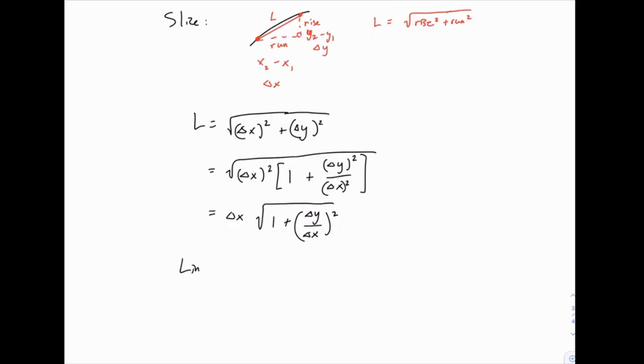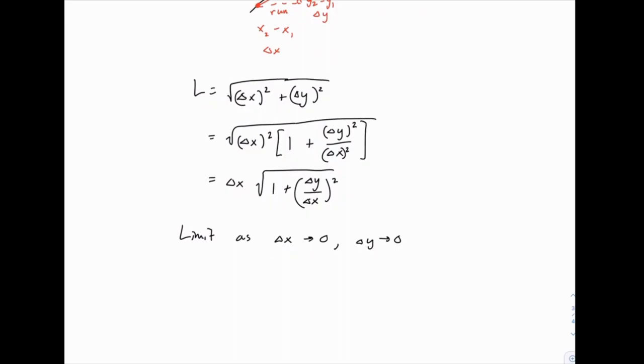So we take the limit as delta x and delta y go to 0. That's what happens as we make this line segment infinitesimally shorter. So this turns into the square root of 1 plus dy over dx squared, and then dx on the outside.